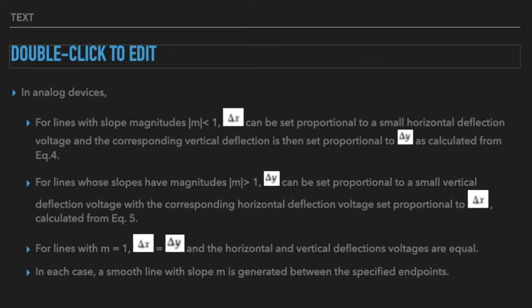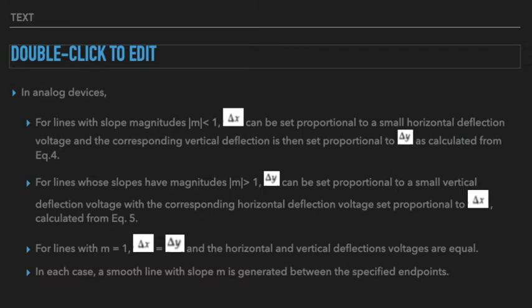So in the case of analog devices, when (x1, y1) and (x2, y2) values are given, you can directly use equation 4 and equation 5, based on the magnitude of the slope, to draw a smooth line.